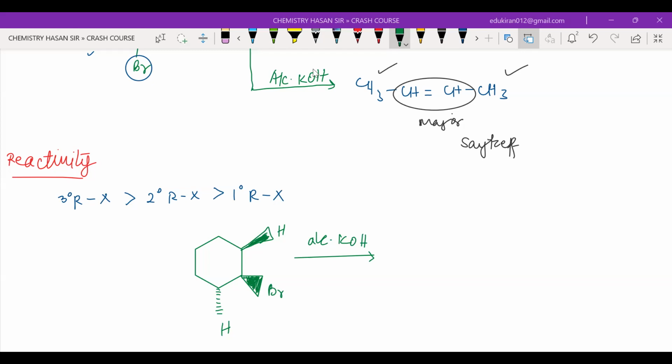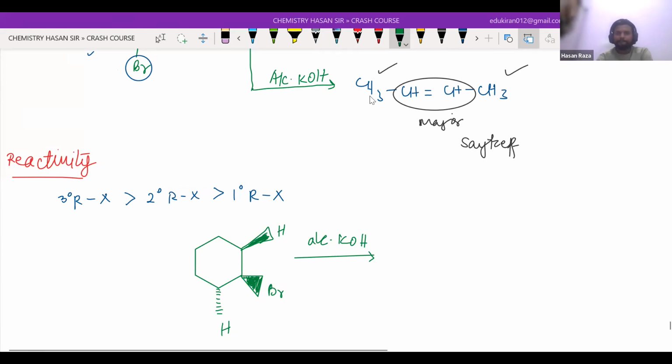Okay, you cannot write the name. Okay, very good. The hydrogen that is projected outward will be removed. Outward means wedge, right? Yes, sir. Why is it so? Because of repulsion between bromine and hydrogen.